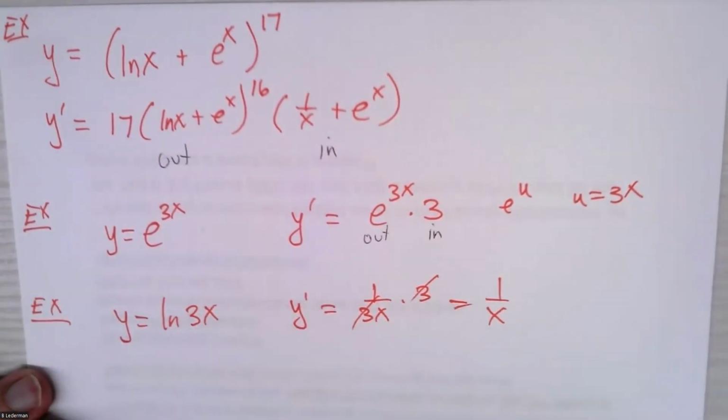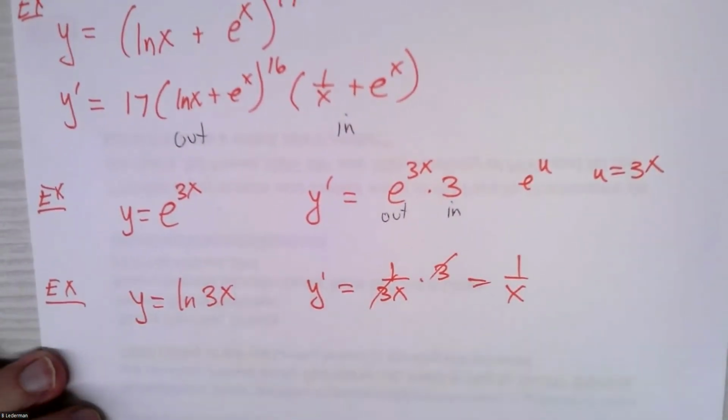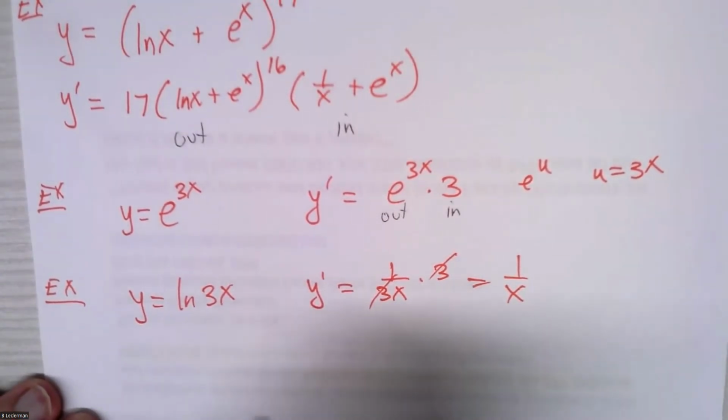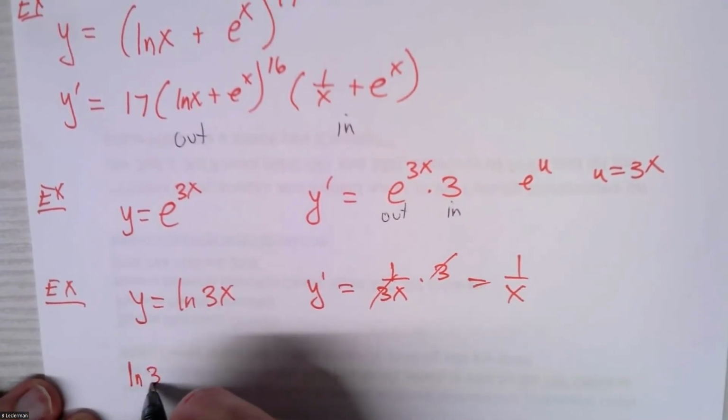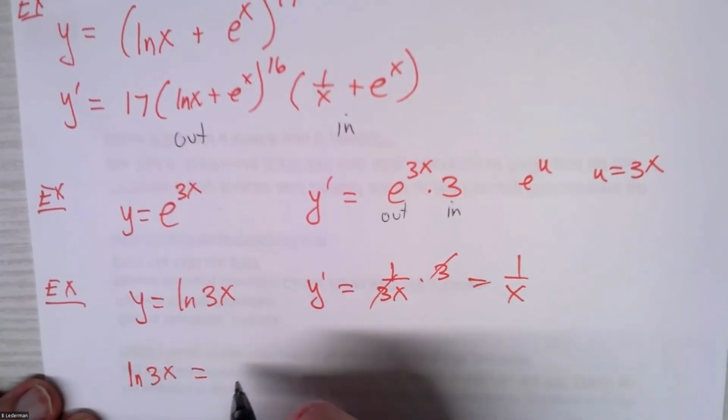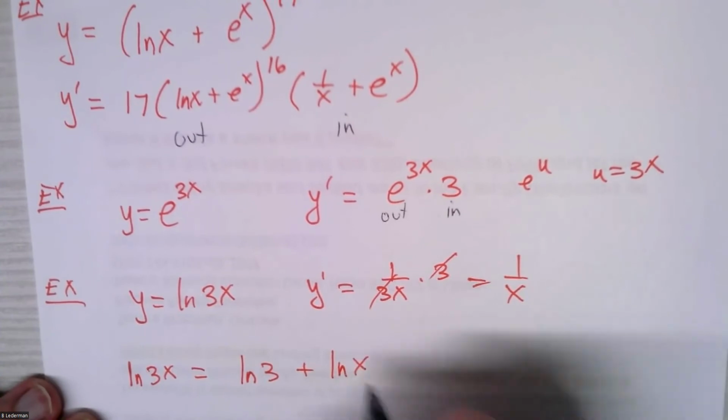Because if you remember the laws of logarithms that you learned when you took algebra, ln of 3x is equal to ln 3 plus ln x.